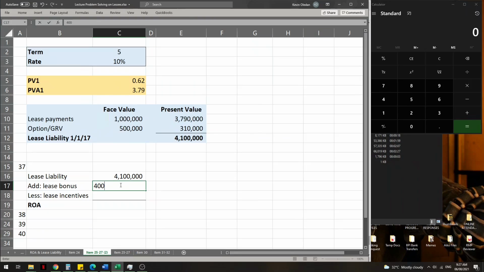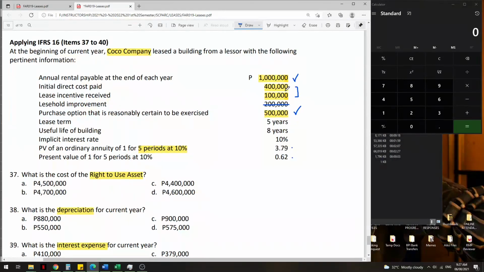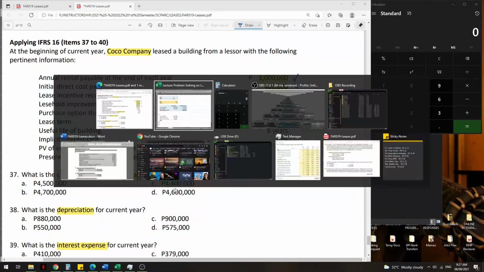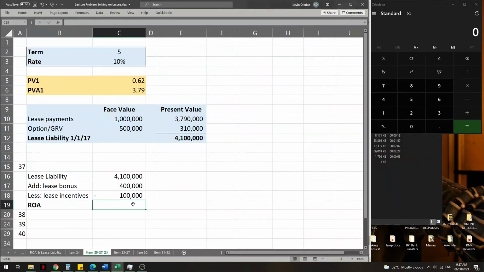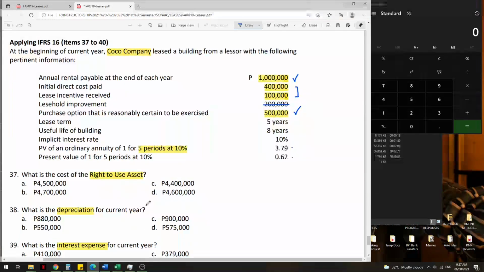Add lease bonus, 400,000 of course, and then deduct lease incentives of 100,000. Double check the amounts. Yes, 400,000 and 100,000. All in all, we arrive at a ROA equal to 4,400,000. Our answer for number 37, letter C.